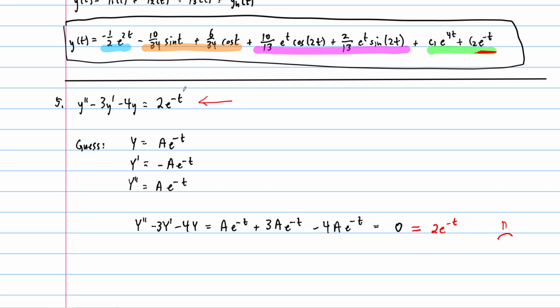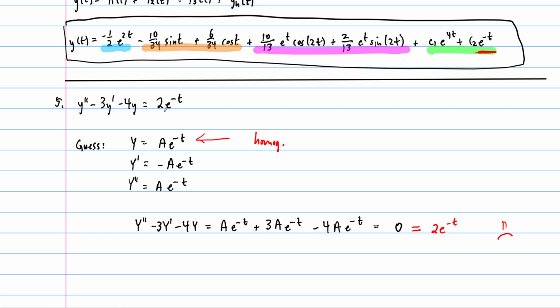Our guess for the solution of the non-homogeneous part is actually a homogeneous solution to the differential equation. That means it's always going to give you 0 when you plug in, no matter what the coefficient is.